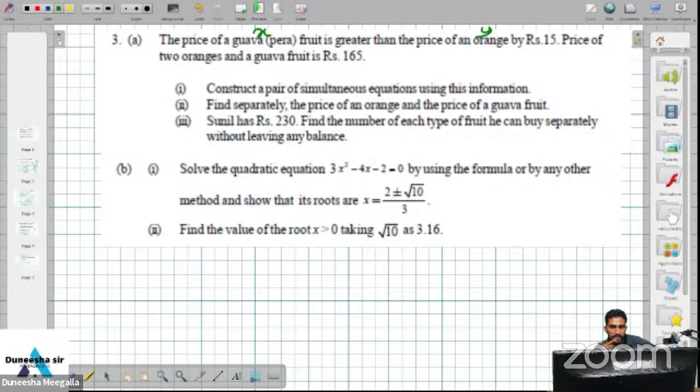Can you tell me what is the greater value, x or y?